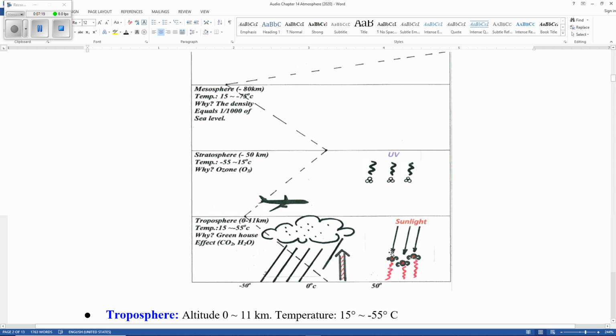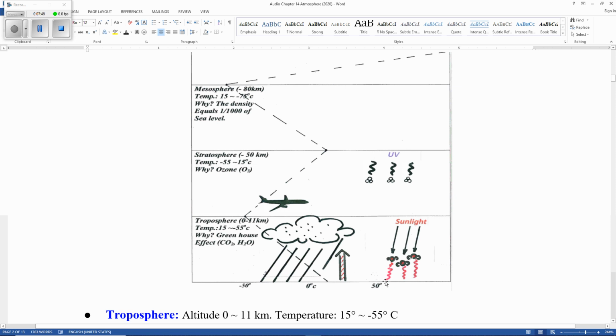Near the Earth's surface, we have many molecules we call greenhouse molecules, like carbon dioxide and water vapor. These molecules are very special. The sunlight can get in, and the energy is received mostly by the Earth's surface, land or water.